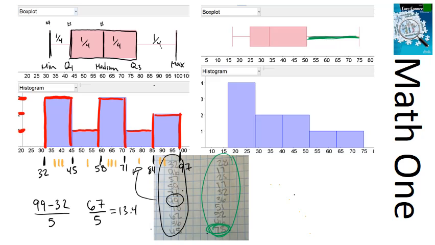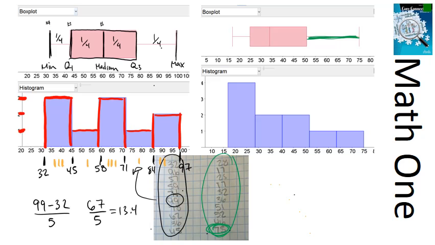The next one's 57, which would be in, interestingly enough, this little range. Then I got a 59, which would be just inside of this one. Then I've got a 71, which is right on the border. I guess I'll put it in this one.